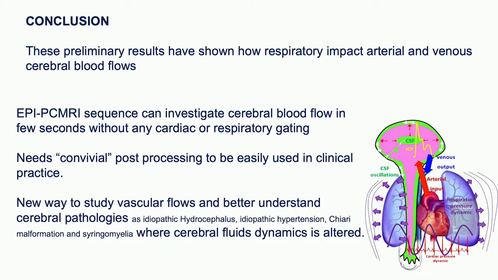We can assess patients who have a very big change of their cardiac frequency during the acquisition, and we can also easily repeat the acquisition with different variants to have information on very small flow and not only the important flow.